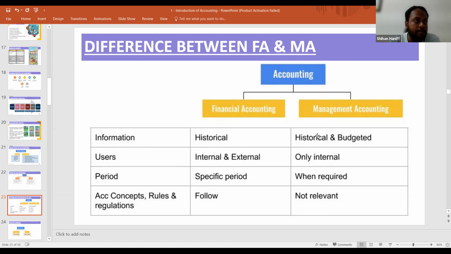You know, some government projects, they provide the management accounting for 20 years, 50 years, 99 years. Okay. And in financial accounting, we follow all the accounting concepts, rules, and regulations. In management accounting, there is no requirement to follow the concepts, rules, and regulations. So this is also another part where you get questions.